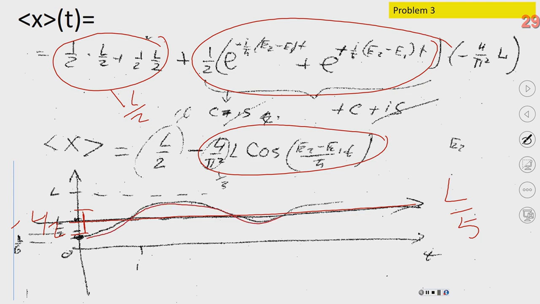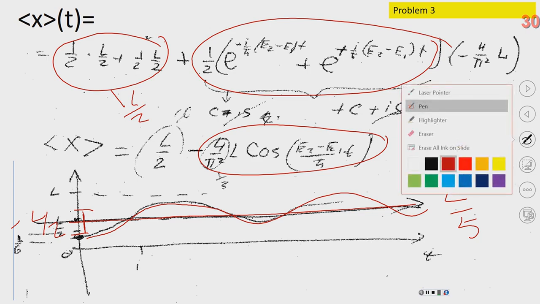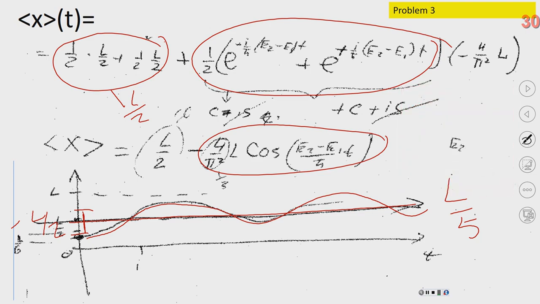And the oscillations of position and momentum are expected to look like this, with a phase shift. So at the places where position comes through the midpoint, momentum is expected to have a maximum.